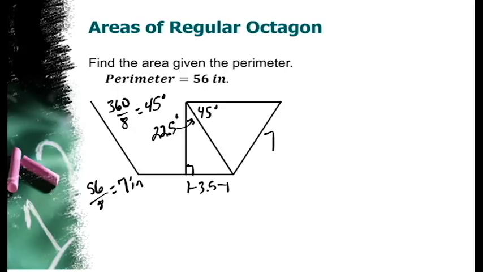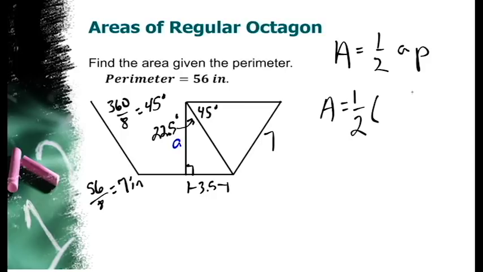Now the piece that we're missing, and the piece that is critical for finding the area, is the apothem. The reason is that in our formula, 1/2 apothem times perimeter, we know the perimeter, which is 56, but we do not know the apothem yet.